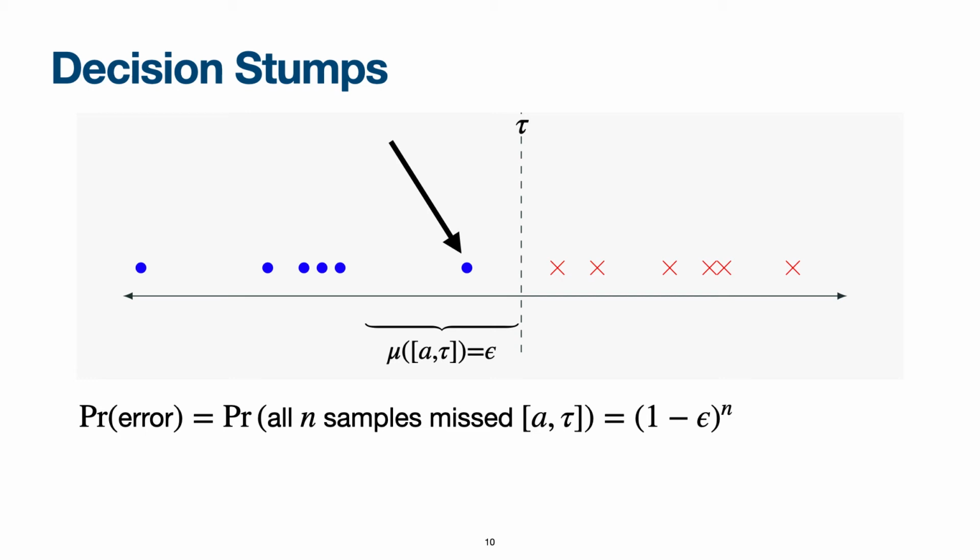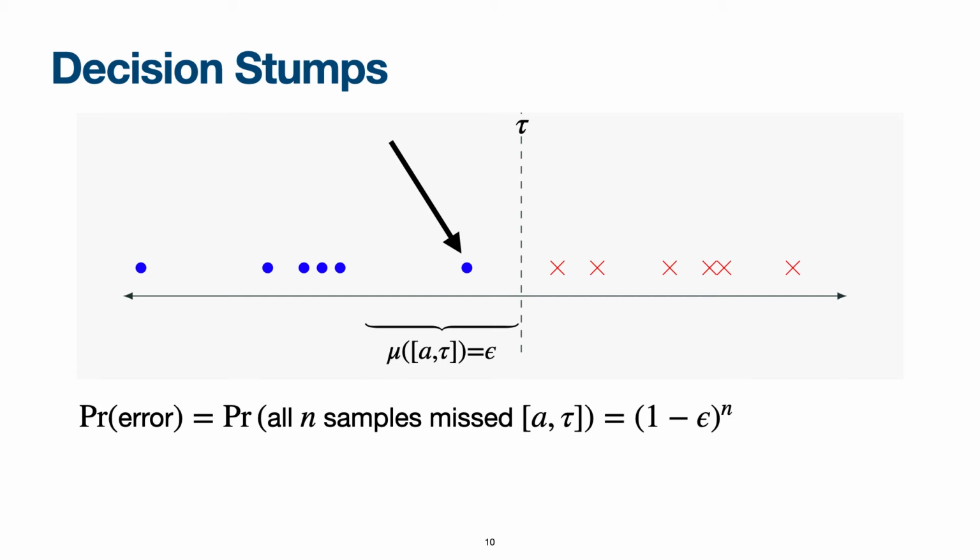So the probability of an error is actually simply the probability that all of our n training examples, all of our n samples to construct the training data set, actually missed the region from A to tau, because if one had been in that region, then we would actually have an accuracy of less than epsilon.